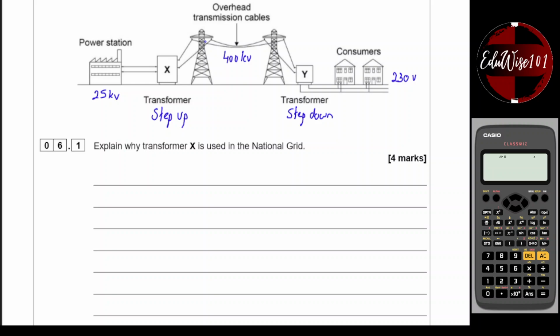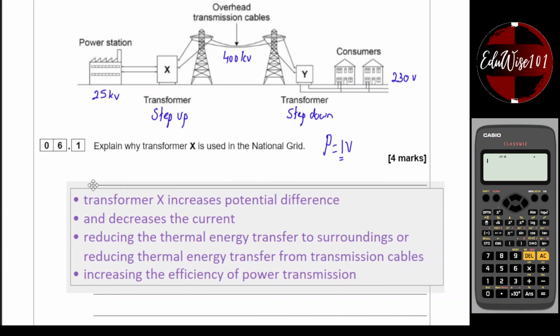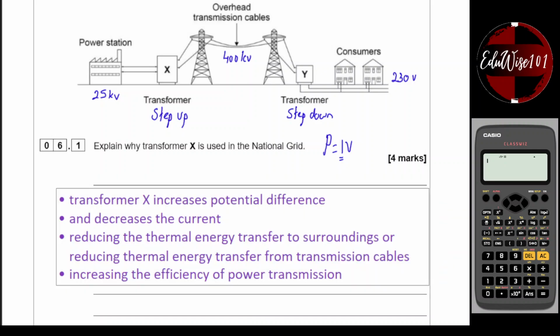That way, you can make sure that the power is actually conserved in a way. So this links to the equation P equals IV. So the way you answer this question is, why is transformer X used?